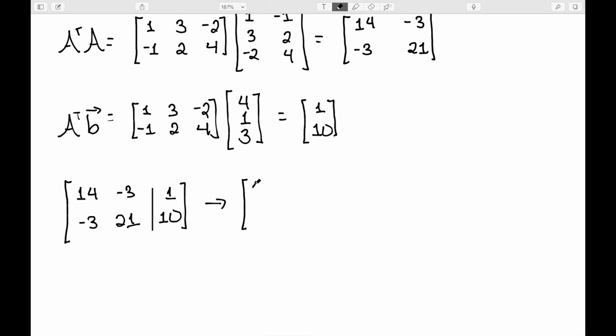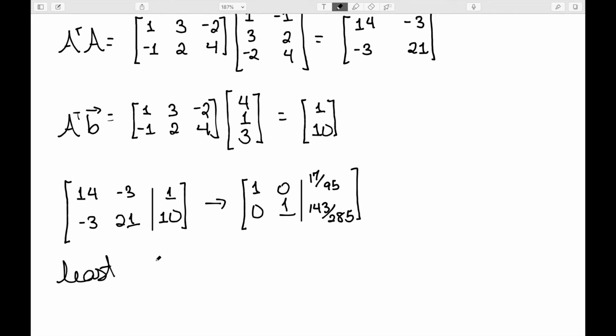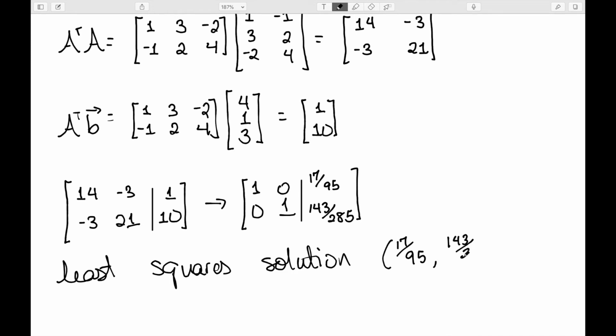When we do, we get a solution of 17 over 95 and 143 over 285. So my least squares solution is these two numbers: 17 over 95 for x1, 143 over 285 for x2.